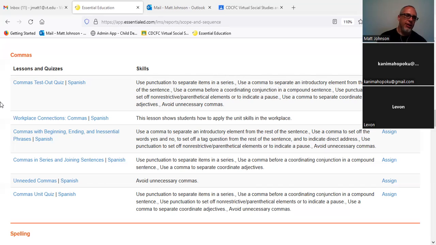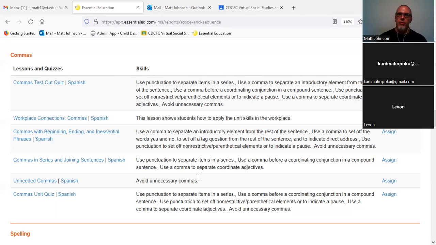So the first lesson here that we're going to be doing is commas with beginning, ending, and inessential phrases. So we use a comma to separate an introductory element. Lastly, I will discuss independent variables. Lastly, comma.